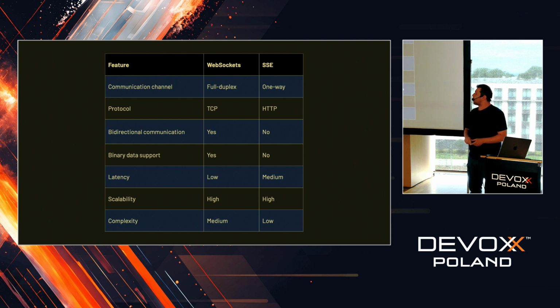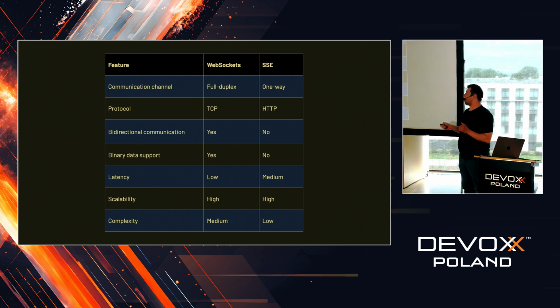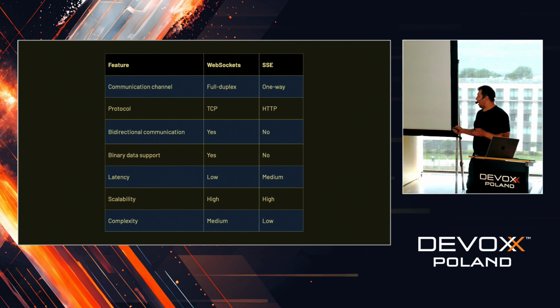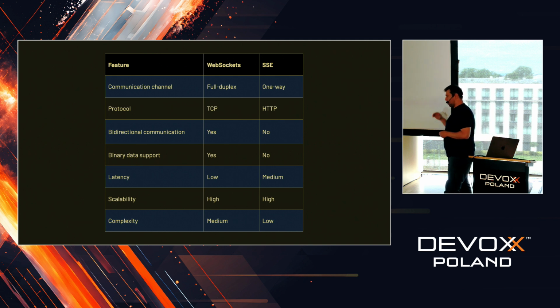And also the technical specification. The most important is that we have full duplex, a different protocol, bi-directional communication, binary data support. It's important, of course, depending on your project. Latency, and what was important, scalability here, and complexity. In server-sent events, complexity is not high.